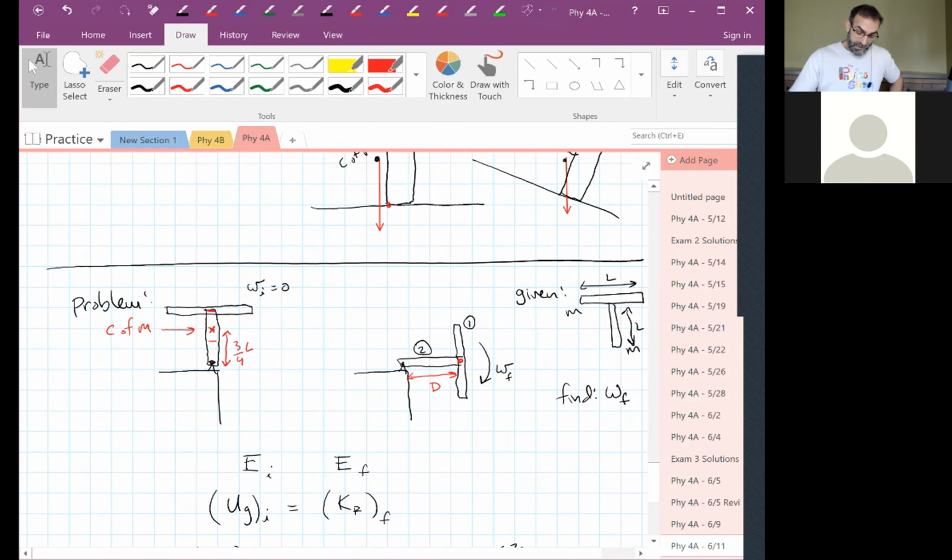Question about the height for gravity. The height is the change in height of the center of mass. That's a good point I should have made. The center of mass ends up, what color am I going to use here? Green. The center of mass ends up over here, and it starts out over here.